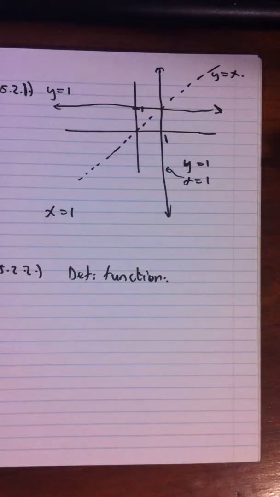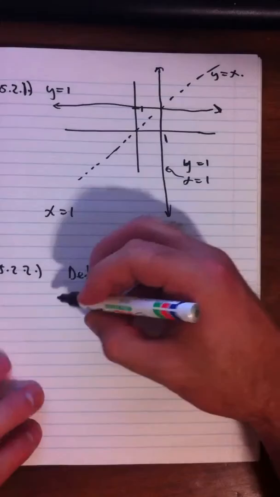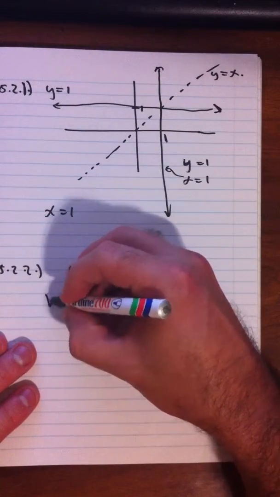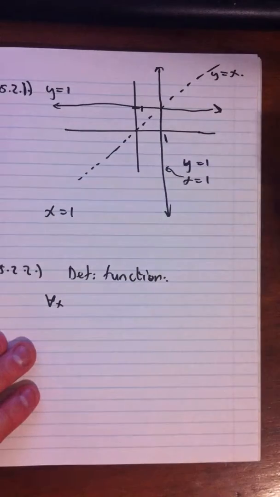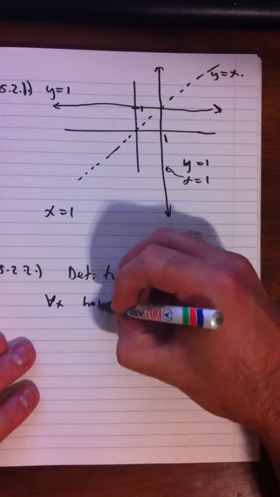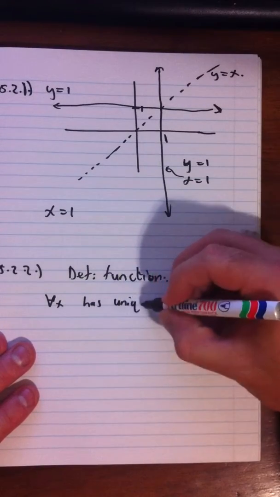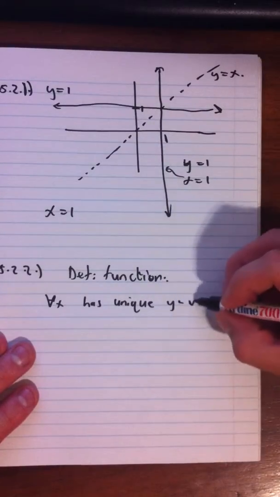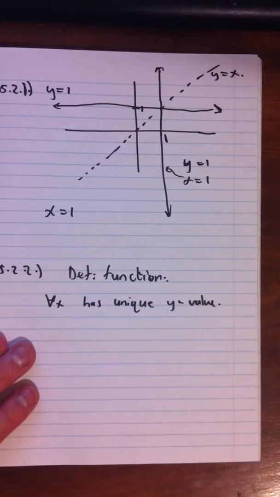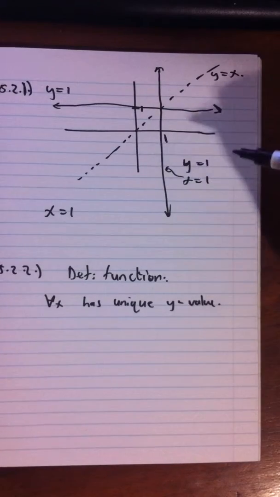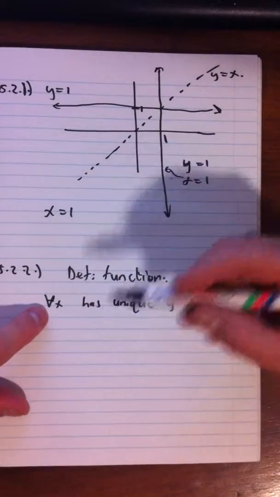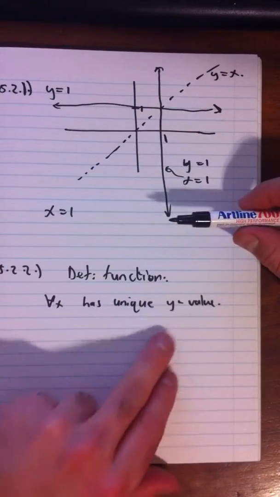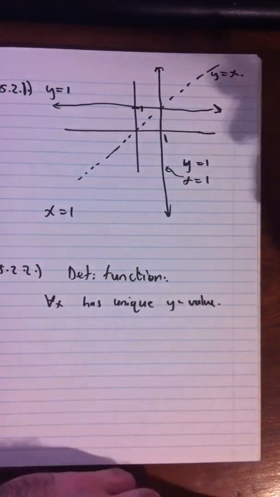The definition of a function is that for all x values, there is a unique y value. Or every input, and x is an input. So for each x value, there is only one, a unique output or y value.